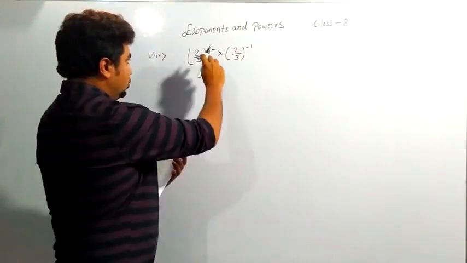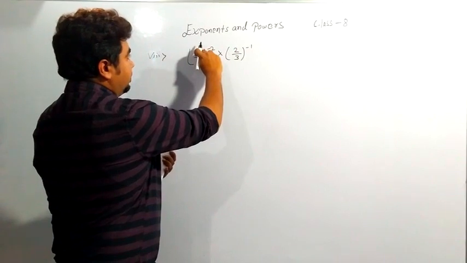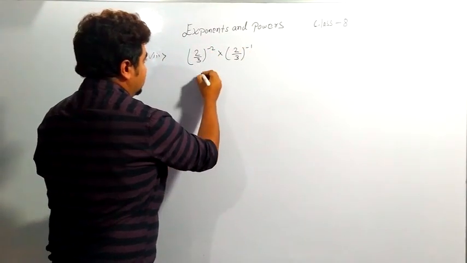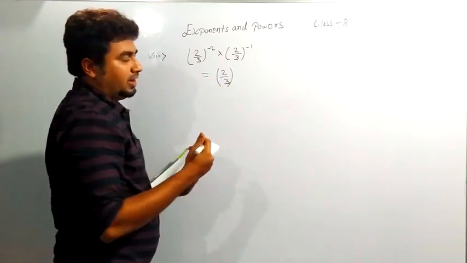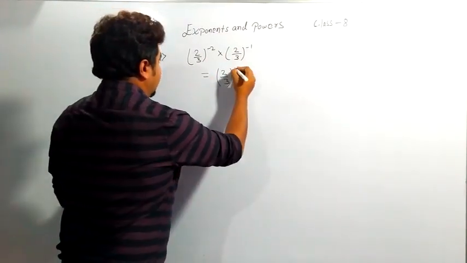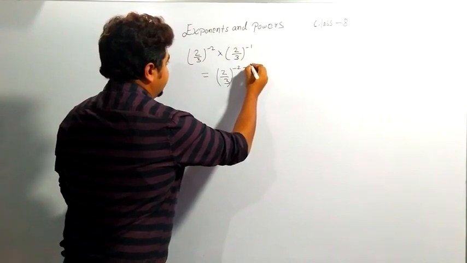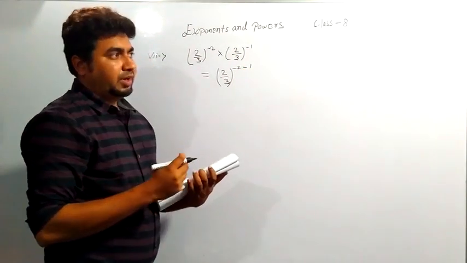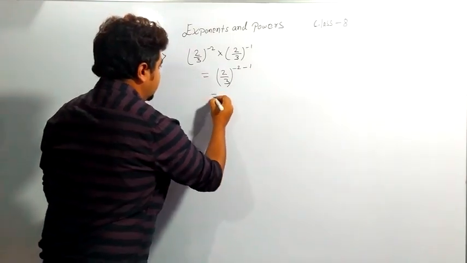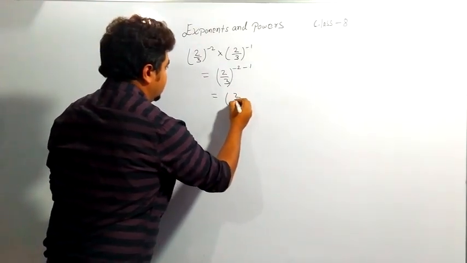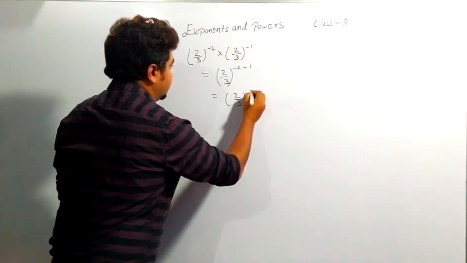Now you see that 2 by 3 is the base, so we can take 2 by 3 and the powers will be added, minus 2 minus 1. Why am I writing minus 1 only? Plus minus will become minus. So this will become 2 by 3 to the power minus 3.